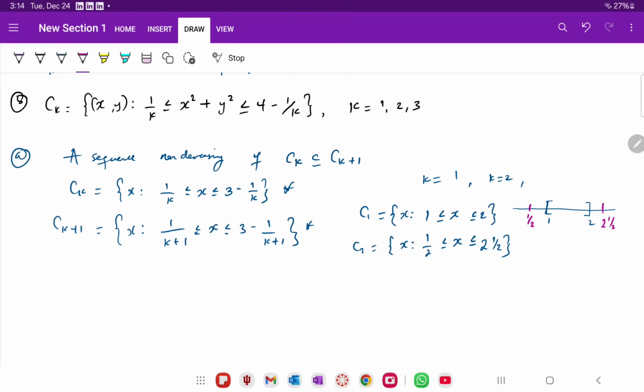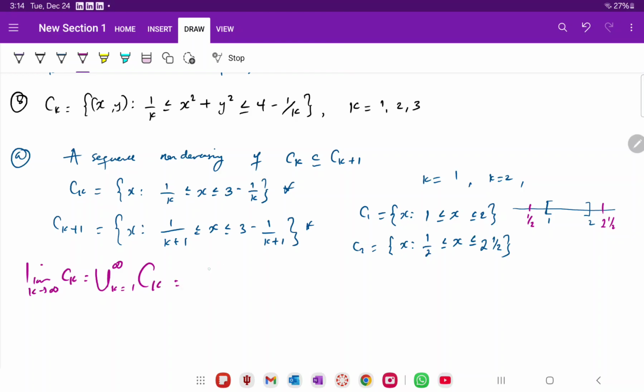So for that, now the limit as k tends to infinity of Ck. Since this is non-decreasing, our limit will be the union over k equals 1 to infinity of Ck.